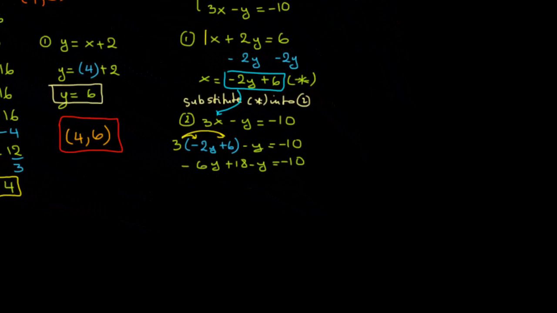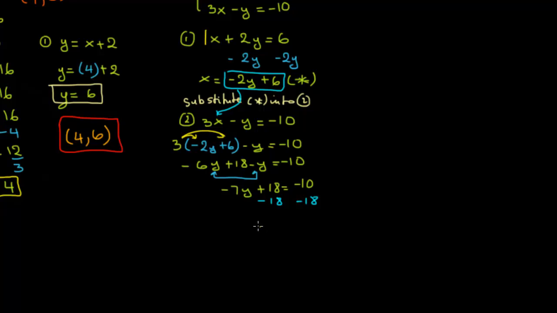So we can collect like terms for the y variable. So you have -7y plus 18 equals -10. Then we isolate the y, subtracting 18 on both sides.